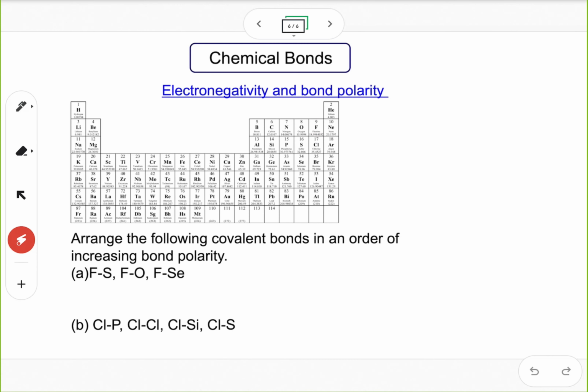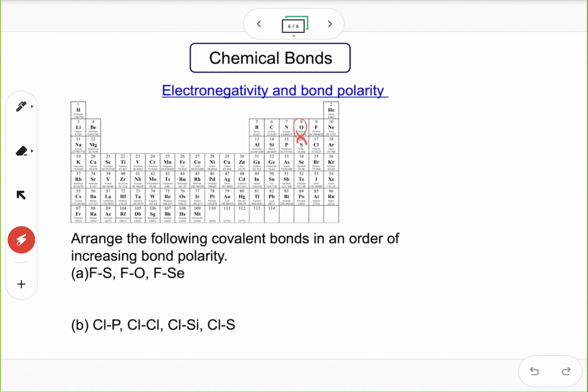So according to the electronegativity trend in the same period, fluorine will have higher electronegativity than oxygen. Remember, across each period from left to right, electronegativity increases. So fluorine has a higher electronegativity than oxygen.